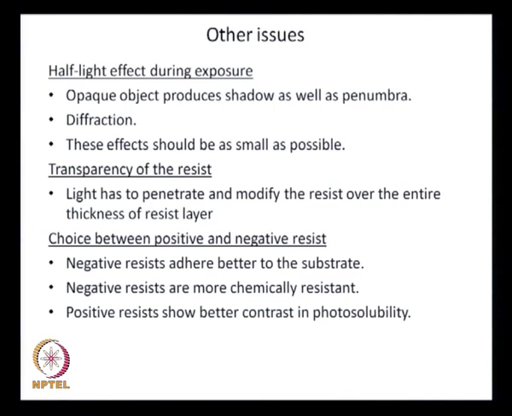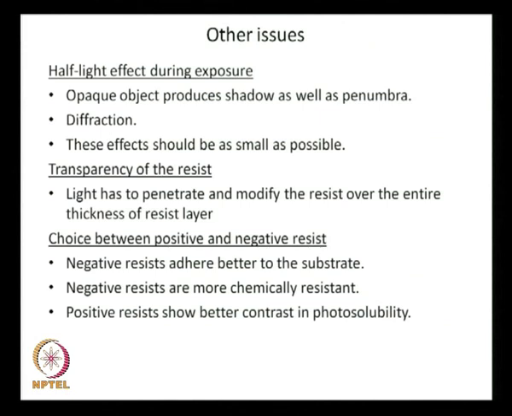Also, there could be diffraction happening as light is passing by a mask. That can cause reduced light or scattered light when it comes to the pattern transfer. So, these effects should be as small as possible. That is one point that you need to understand.